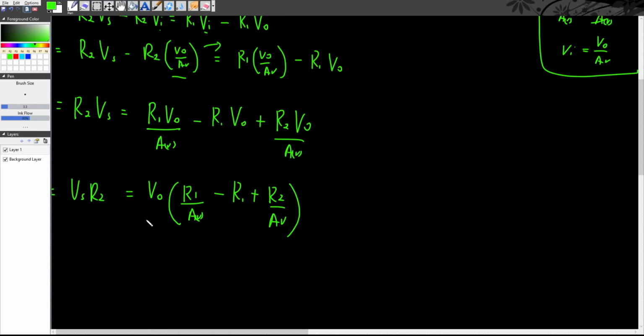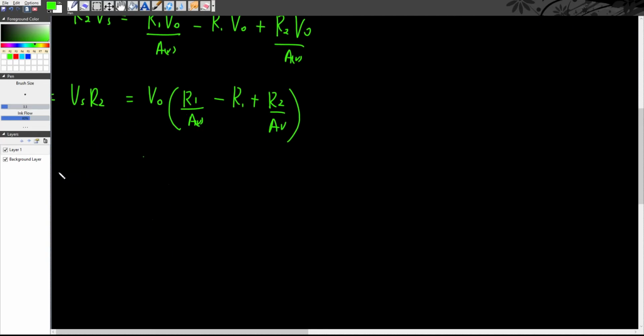We know that gain is output voltage over input voltage, or voltage drain divided by voltage source. So for us to get that equation, let us start by making it VO over Vs. You divide both sides by this entire term, which is R1 over AV minus R1 plus R2 over AV.